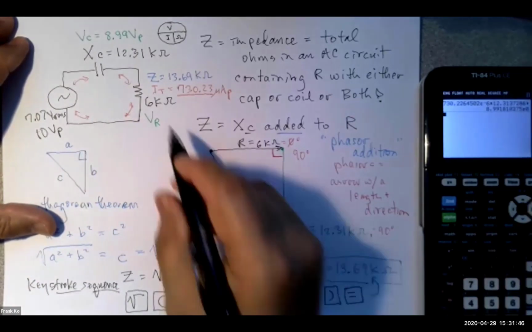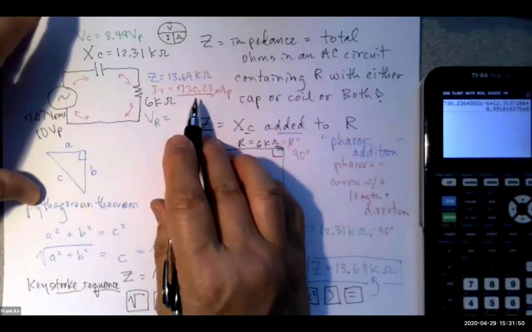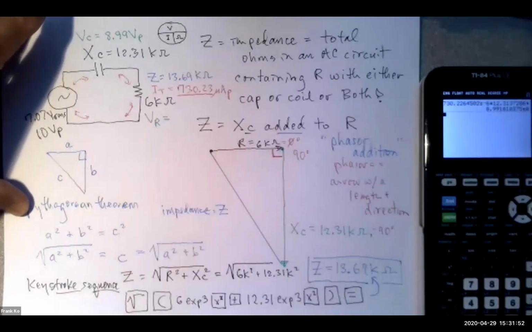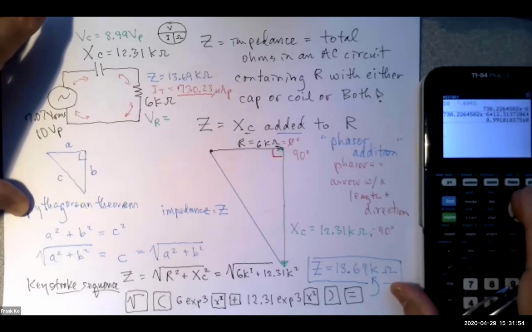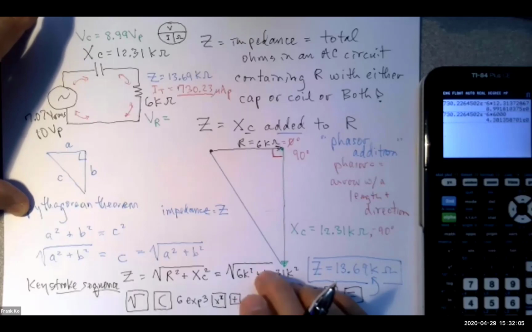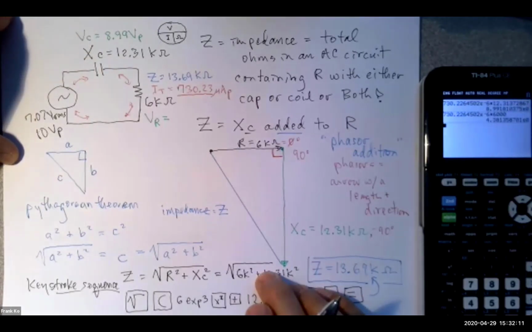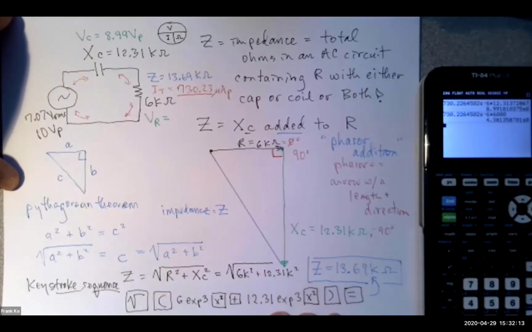Now, how about the voltage for the resistor? I simply take the same current and multiply by 6K ohms. So let's go ahead, take that current of 730 microamps and multiply that by 6K. And what is it that you calculate?